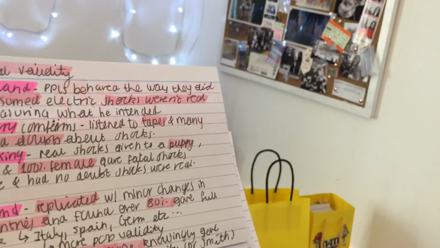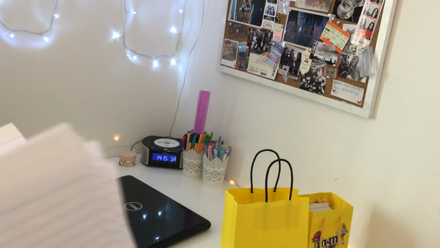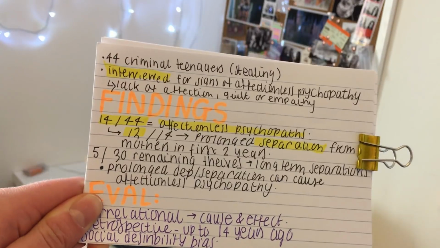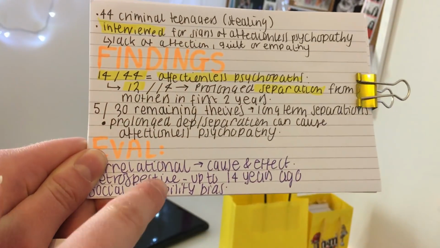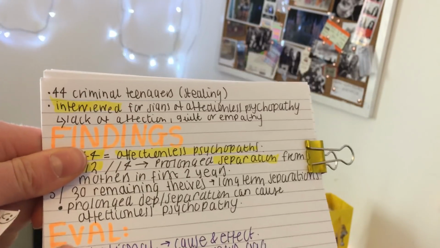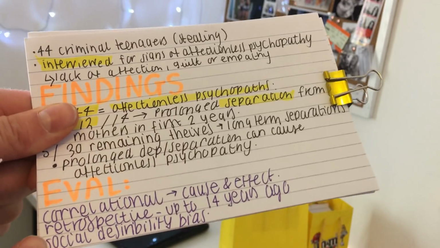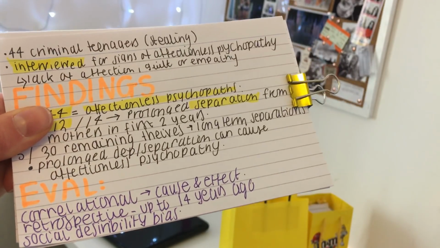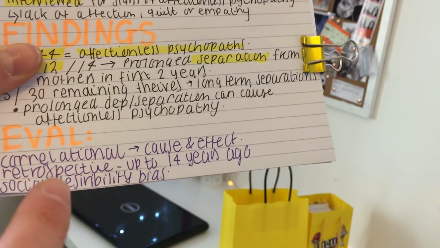Well, I mean, it was made in December, but it's quite old in terms of how long I've been doing A-levels, so it's not my best. For smaller studies, I'll just cram it all onto one flashcard. So that's the procedure, that's the findings, and that's the evaluation. And as I get better at psychology, I don't need to be as elaborate on my evaluation because I can kind of do it anyway because it's all in my head, and it's on other flashcards, so I just write a little bit.